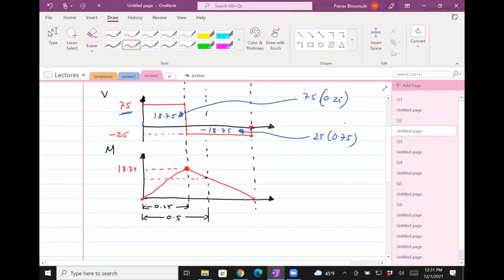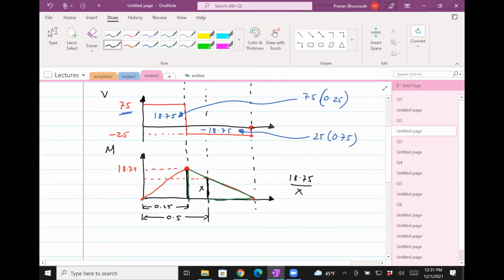Okay, there are many ways to find the moment at 0.5. One way to do is to use the similar triangles. This triangle is similar to this big triangle. So we can sort of equate the similar sides. So 18.75 is this side. So 0.75. This is unknown. Let's call that x.